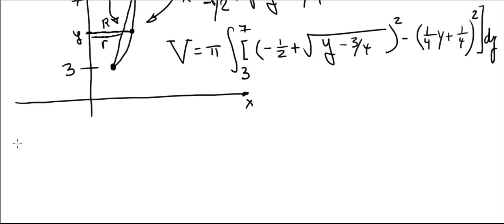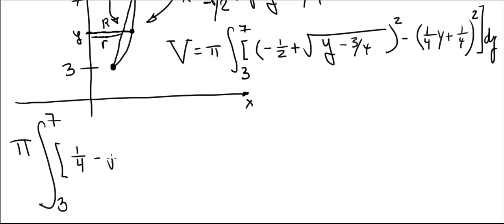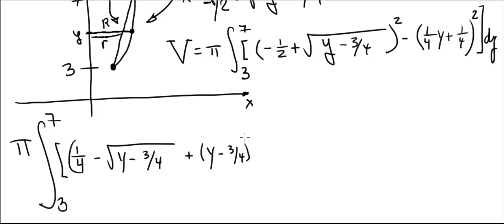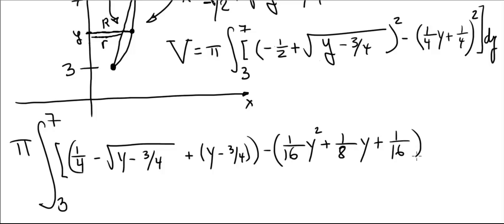So now let's simplify it. Pi times the integral from 3 to 7. Squaring the first part, the parabola part, we get 1/4 minus the square root of y minus 3 over 4, plus the square root squared, which is y minus 3 over 4, minus 1/16 y squared plus 1/8 y plus 1/16.